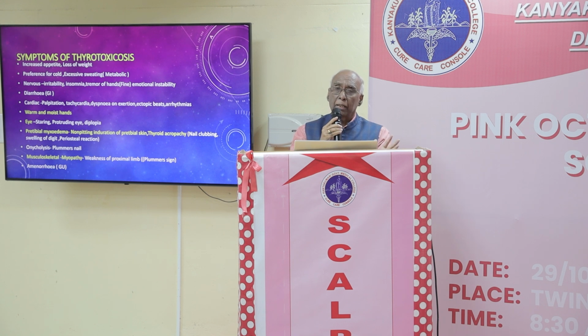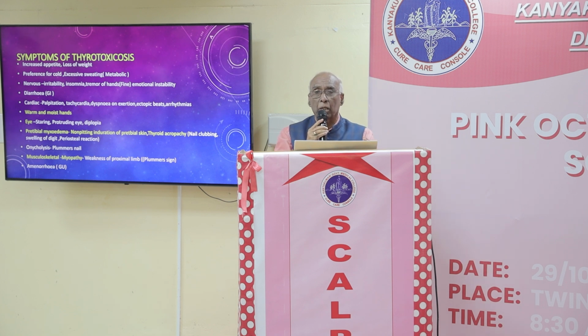And then the eye, the staring look, exophthalmos. Maybe initially a staring look or protrusion of the eye is there or not, we will talk about. And then there is something called pretibial myxedema, which is nothing but a non-pitting induration of the pretibial skin, which is seen in thyroid toxicosis.